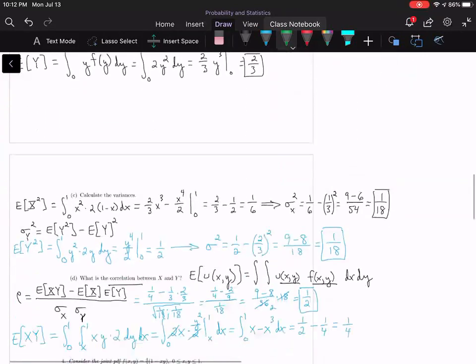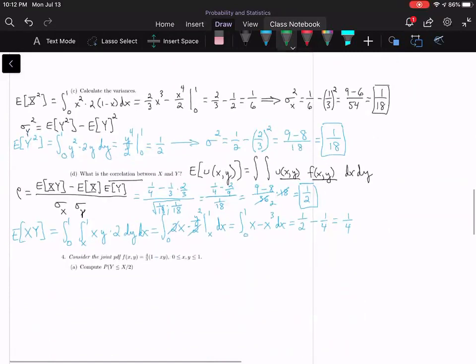So that's just my preference. You could have integrated x first, but then you'd have to make sure you have the right limits of integration. So integrating y first, y becomes y squared over 2, which cancels out the 2's. You have an x times y squared. Y squared is evaluated from x to 1. So that's going to give you a 1 minus x squared times the x out front, which is where my x minus x cubed comes from.